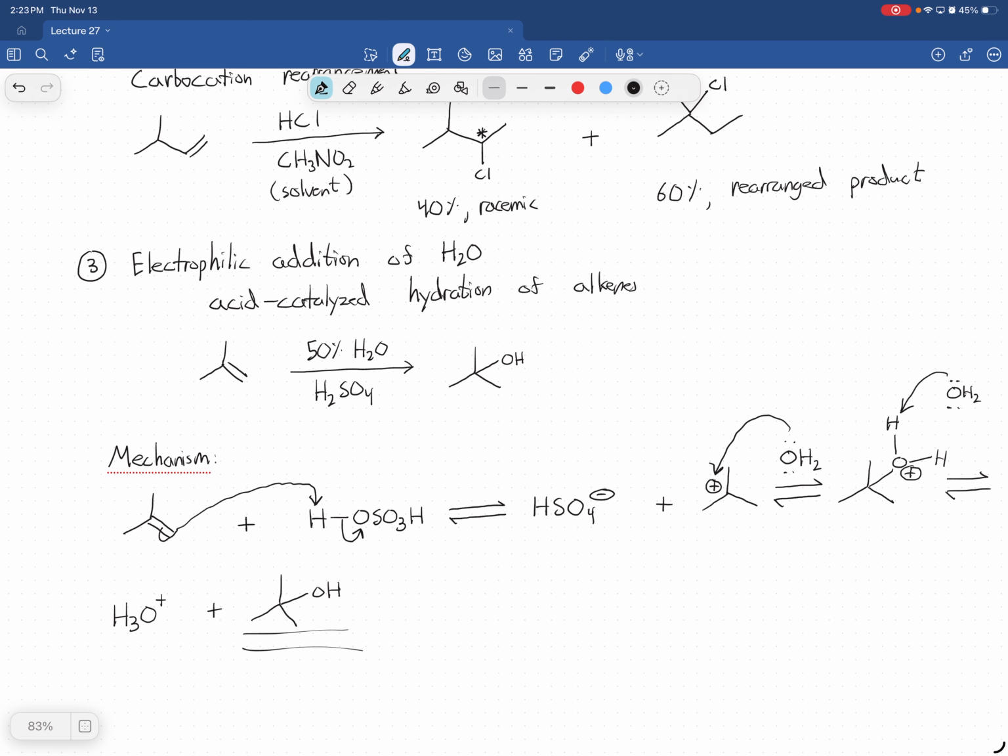All right, so an alkene, water, acid, are going to get you the alcohol at the more substituted position. So you're going to look at the carbon atoms of the alkene. This is where the nucleophile will go. This is where the electrophile will go.